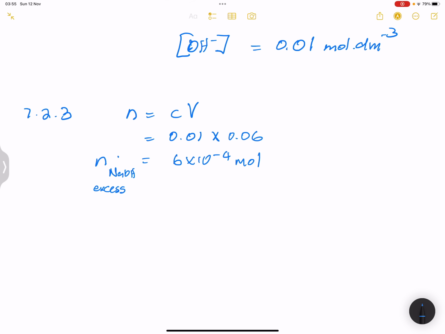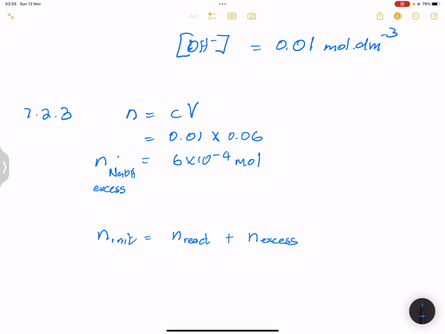So now, when it comes to sodium hydroxide, remember we've got the initial moles. To get the number of moles initial, it will be equal to the number of moles that reacted plus the number of moles that are in excess.